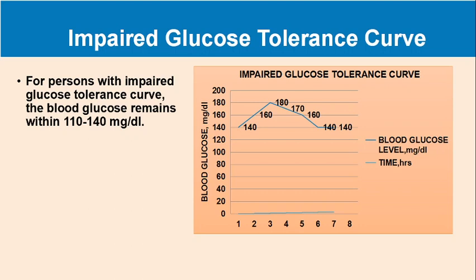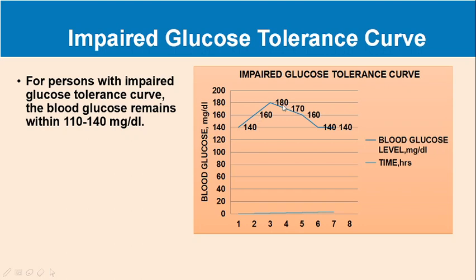For the impaired glucose tolerance curve, the 0 minute fasting blood sample itself will start from 110 to 140 milligram per dl, which will increase to greater than 140, and it will reach more than 140 to 200.